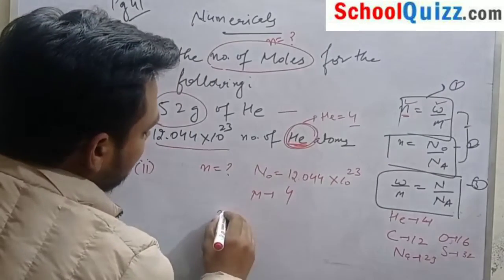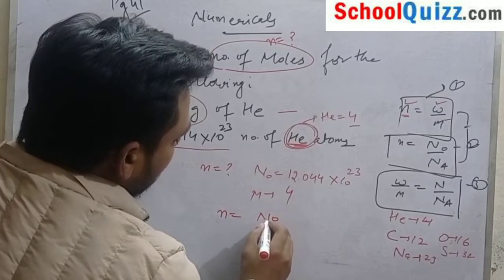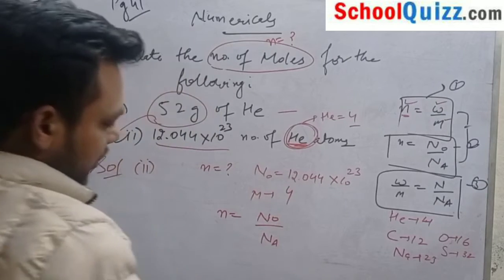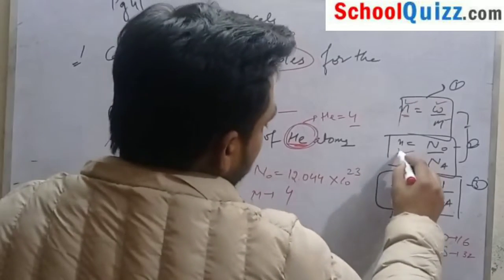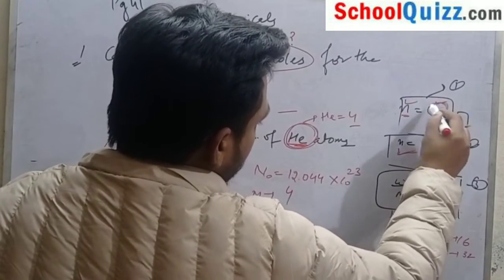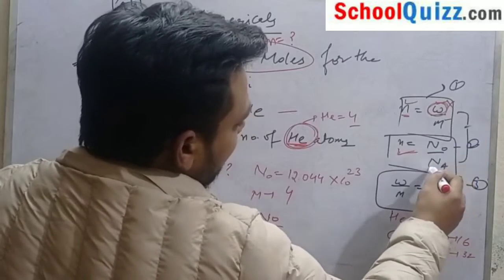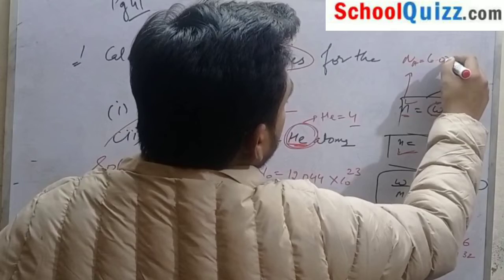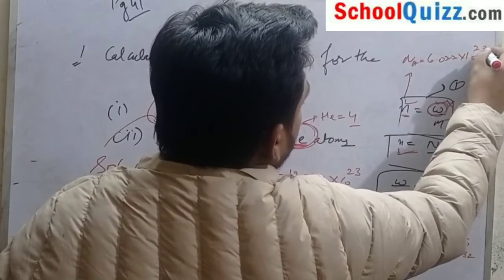Now we will apply n equal to n naught upon Na. We will apply this formula because we don't know W, and the Na value we already know, that is 6.022 into 10 to the power 23.